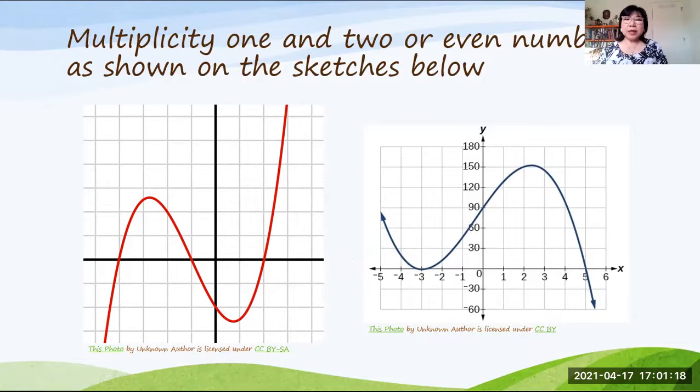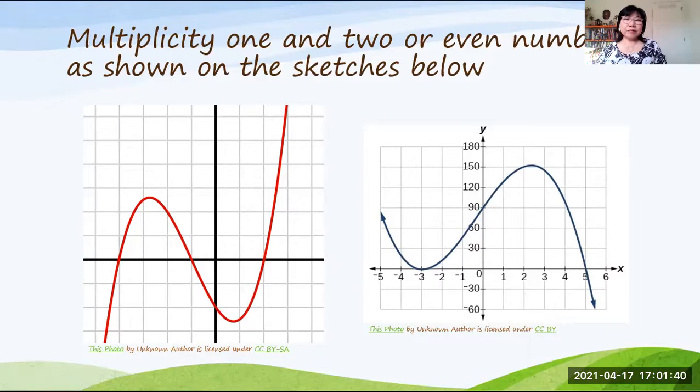What about the next root of the function? The next root of the function right here, where the function crosses the x-axis at unit 5, and at 5 here, this shows us this is a multiplicity 1.